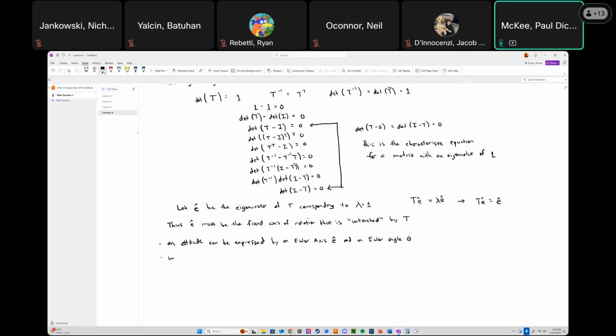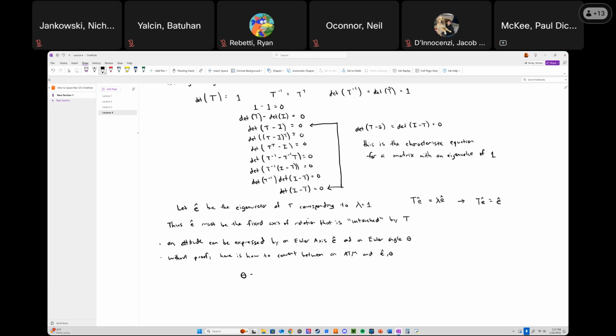Without proof, here is how to convert between an attitude transformation matrix and E and theta.